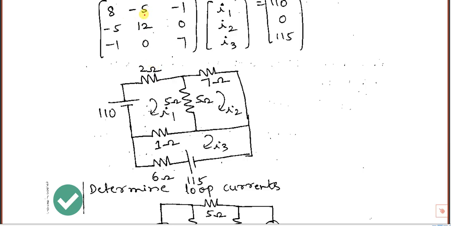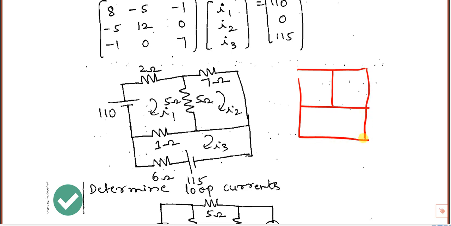The first step is the common elements. Okay, this is 1, this is 2, this is 3.